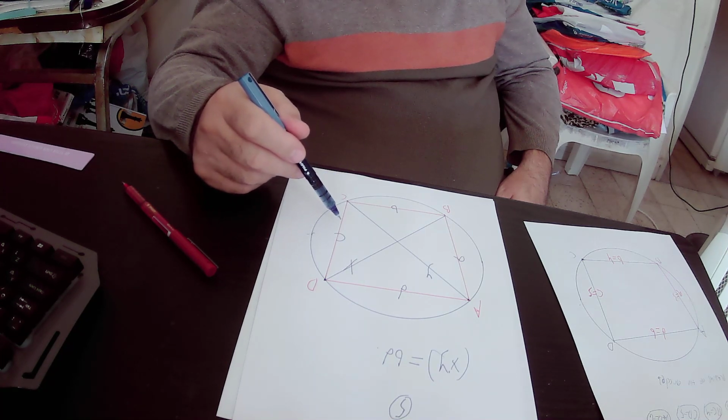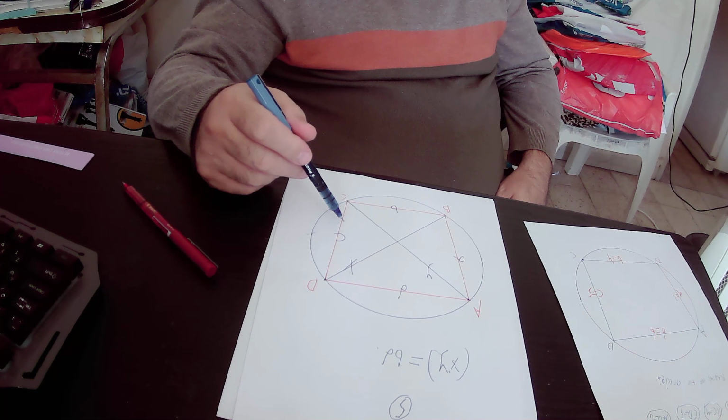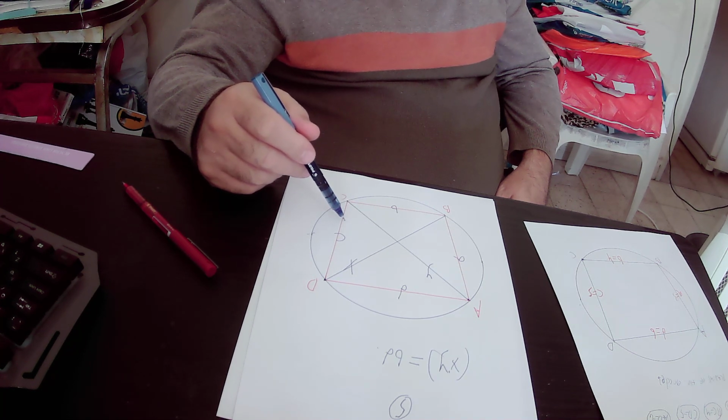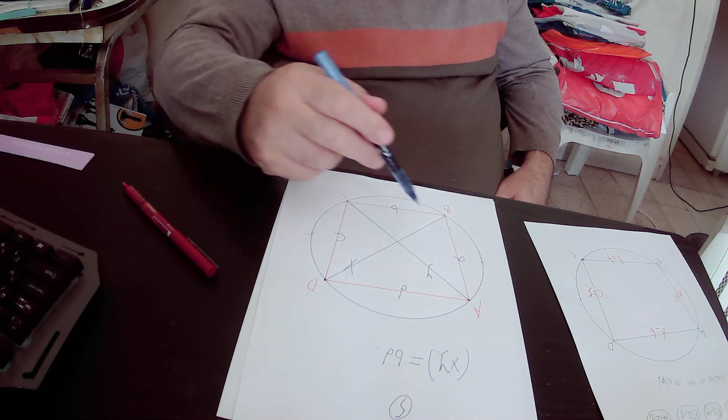So the product of its second opposite sides is A times C.